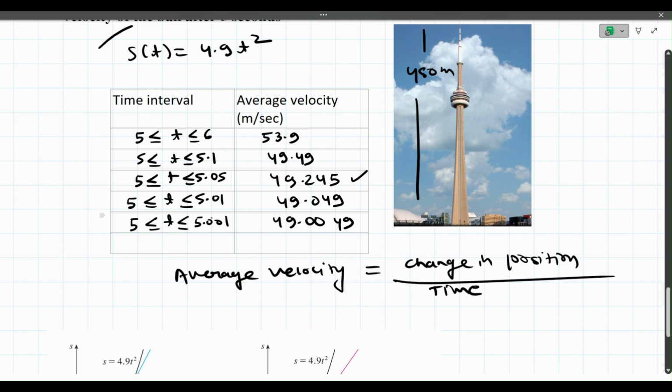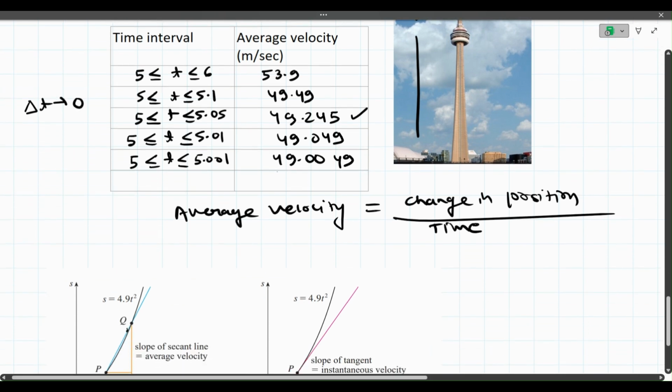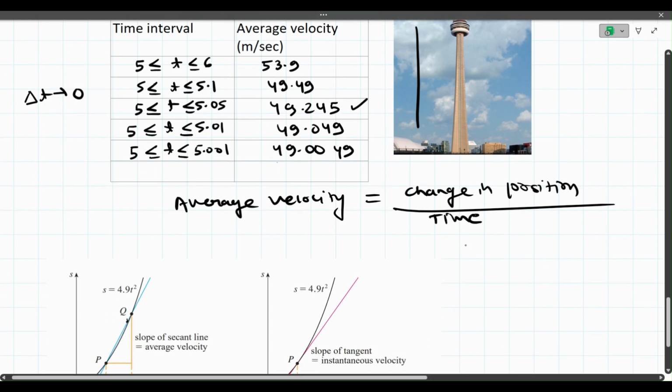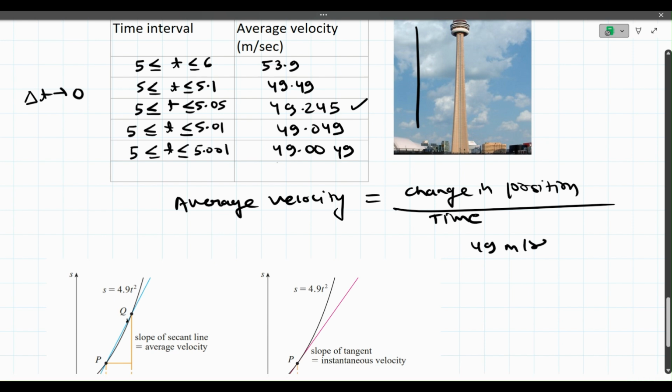Then 5 to 5.001. As you can see, as the time interval gets smaller, or you can say that it tends to zero, the average velocity tends to 49 meters per second.